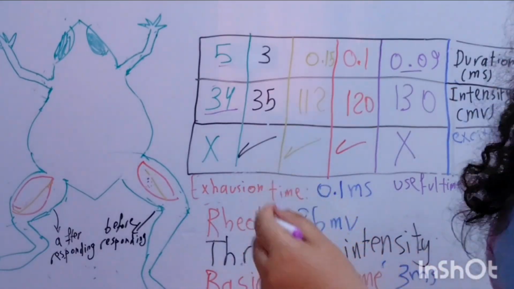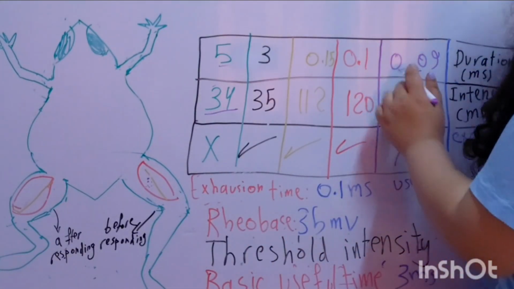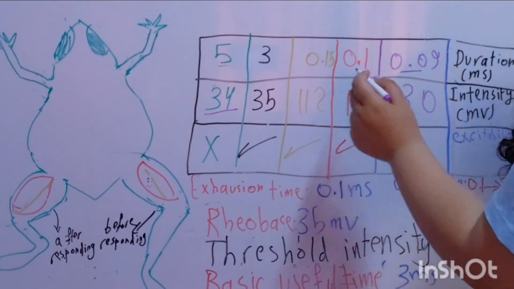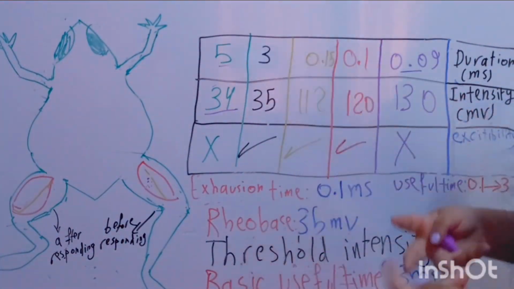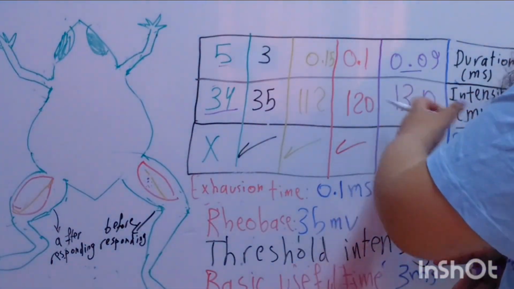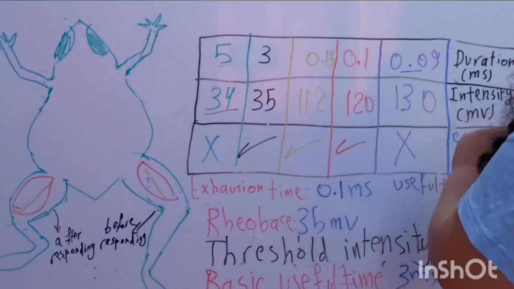You can notice here that this 0.09 is too small to achieve anything, although the intensity is quite big relatively when we compare it with the other intensities.